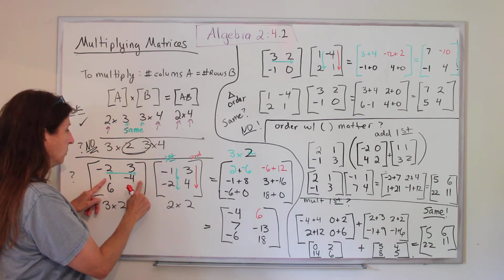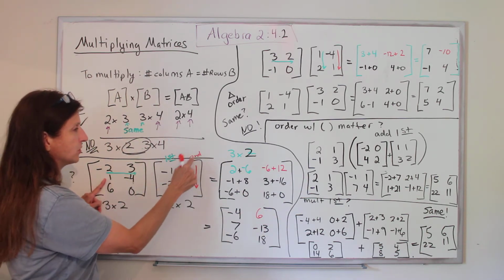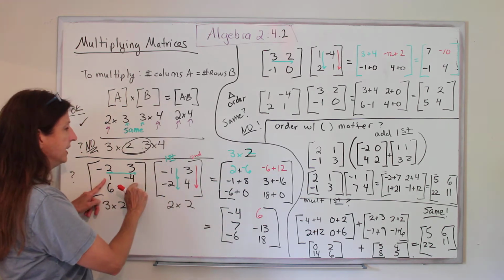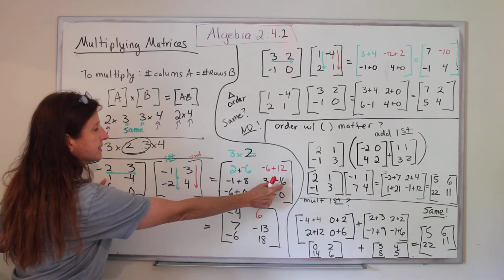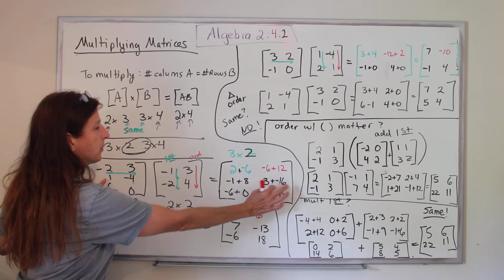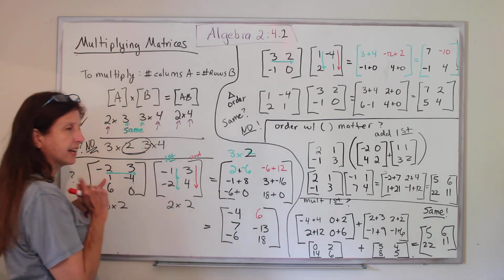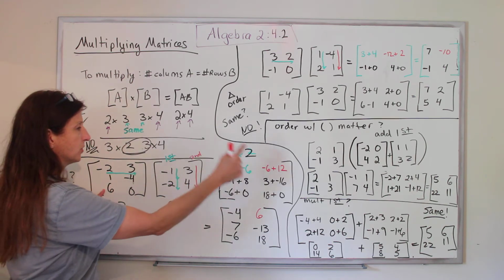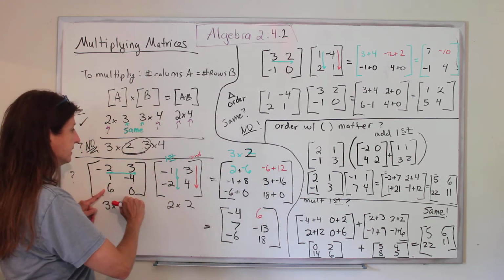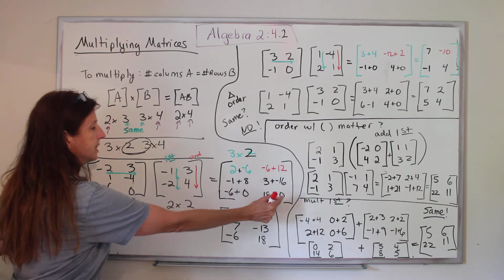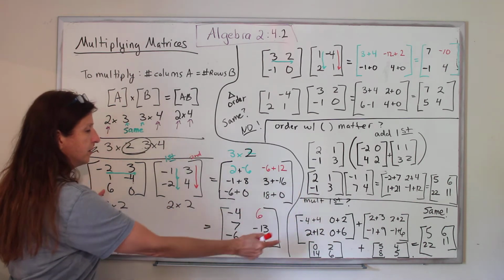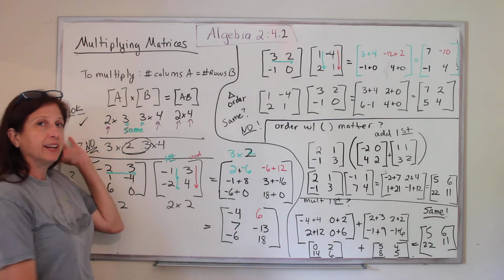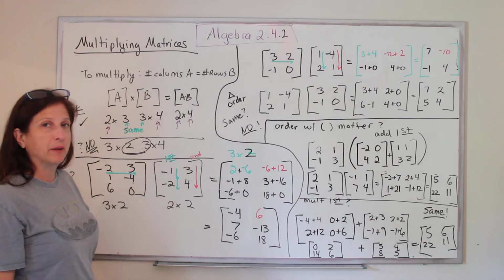We go down 1 and do 1 times 3 is 3, and negative 4 times 4 is negative 16, and 3 plus negative 16 is negative 13. Now we go to the last ones. 6 times 3 is 18, and 0 times 4 is 0, and 18 plus 0 is 18. Ta-da! That's how you multiply matrices.